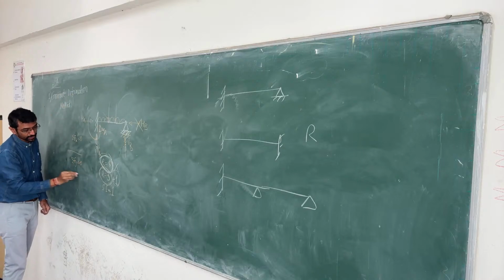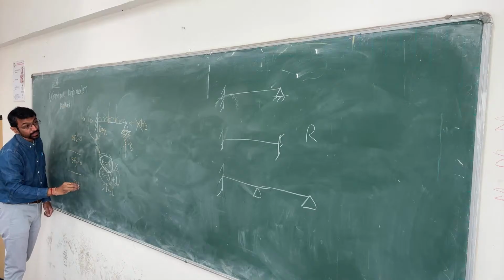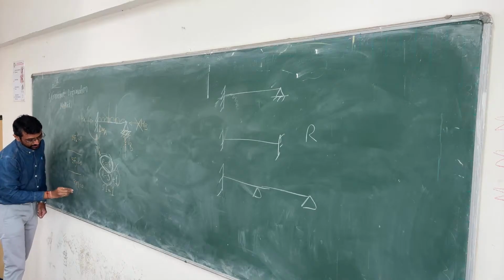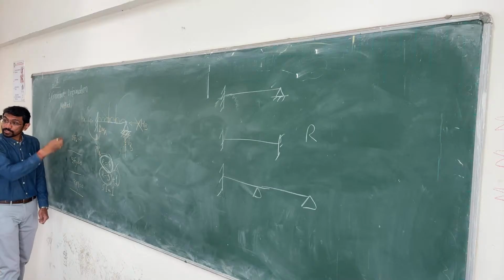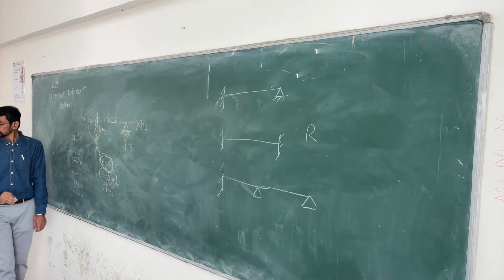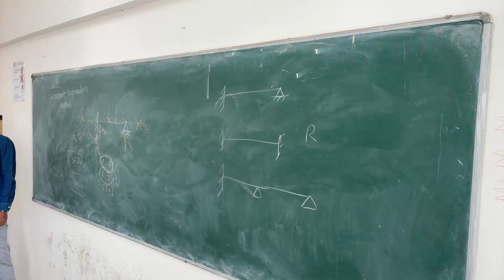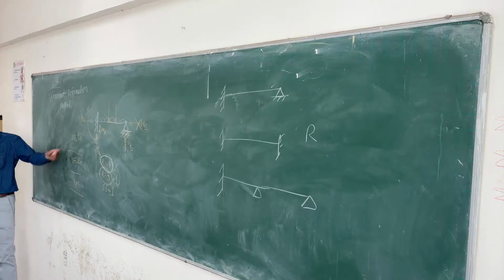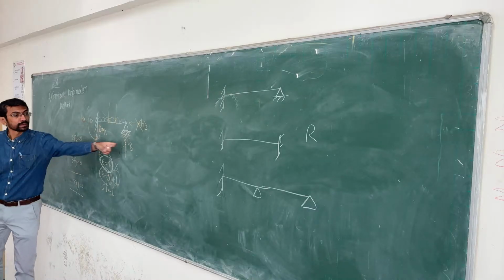You have some load. You will get the equation. You put summation M about, suppose, a point equals 0, you will get some equation. So 3 equations you got. This will be in terms of HA, VA, and so on. But you won't be able to solve it, because in each equation there will be 4 unknowns.